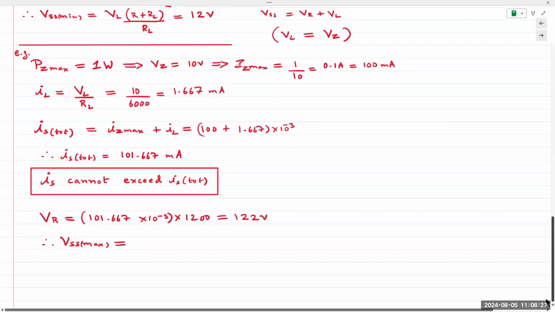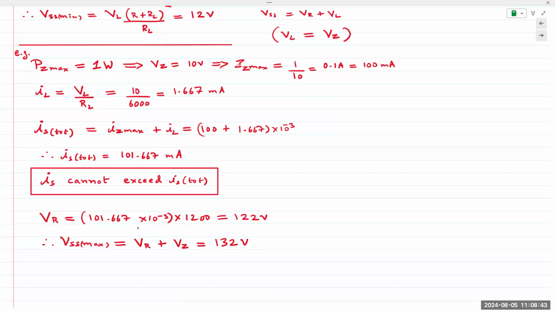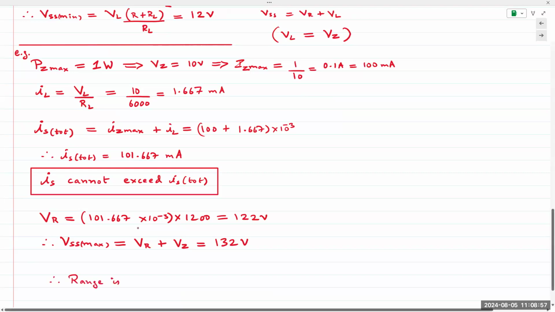And so VSS max would be VR plus VZ or VL, that would be 132 volts. That's the maximum voltage you can apply to the system for it to still work in the same range. So the range is 12 volts to turn it on, and the maximum is 132 volts.